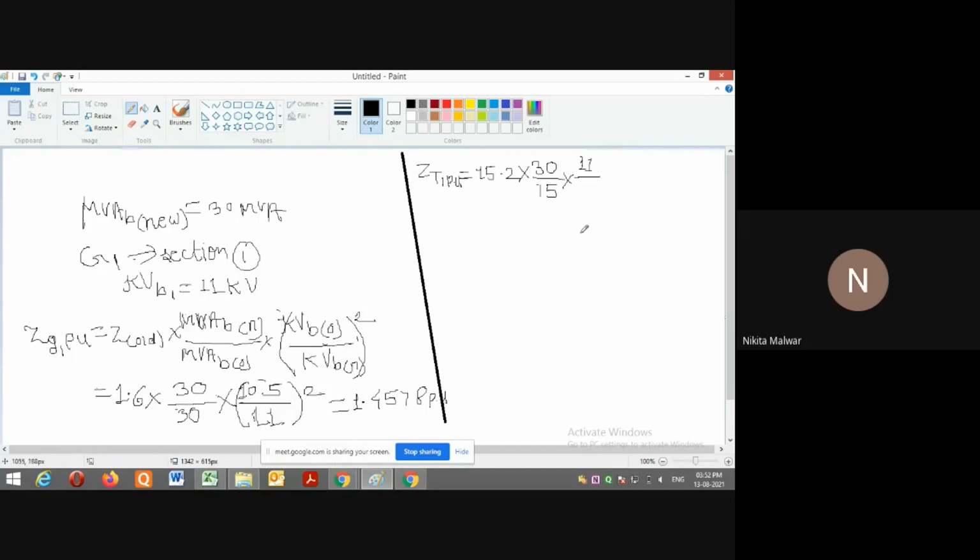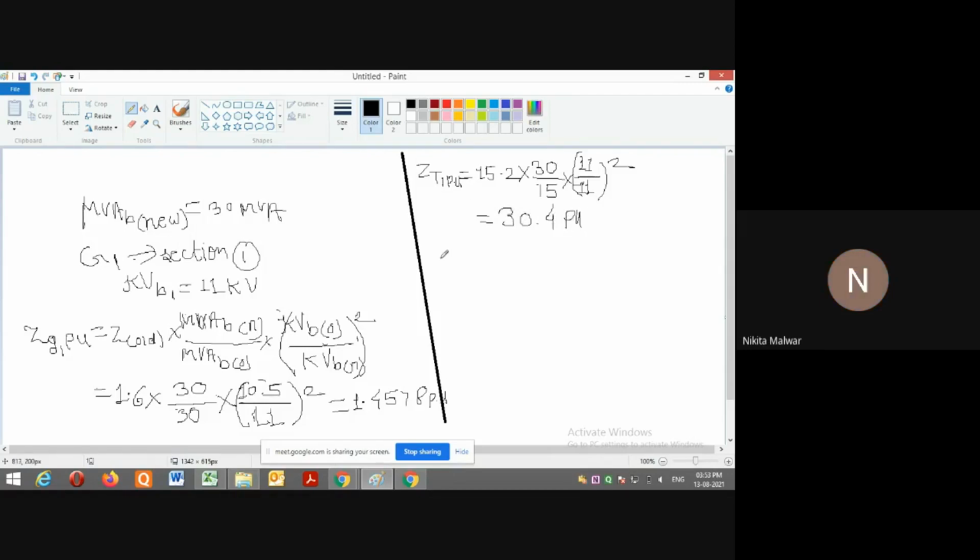So we will write down 11 kV, the value for kV base 1 new, whole square. The ratio will get cancelled. Tell me the answer for ZT1 in per unit. 30.4 per unit. Okay.